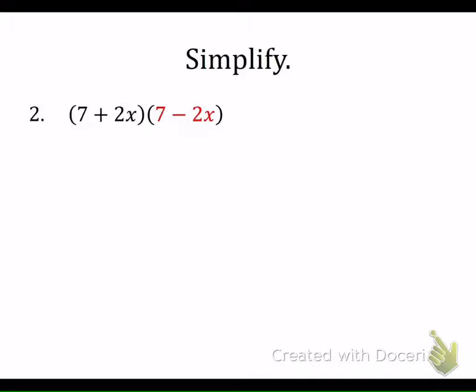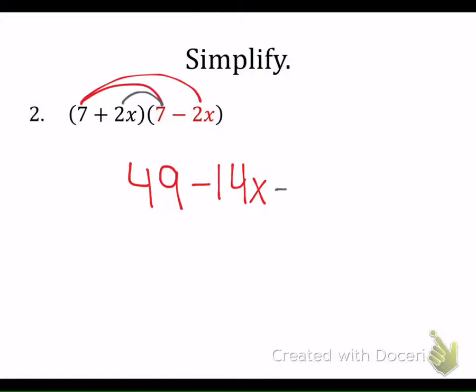Distribute what? The 7 first. What's 7 times 7? 49. What's 7 times minus 2x? Negative 14. Good. Then what? That's not exciting. Plus 14. Then distribute the 2x, so plus 14x minus 4x to the second.